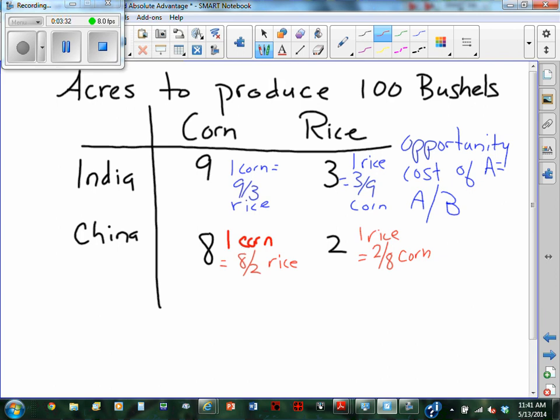It's China, because China uses 8 acres of land to produce their 100 bushels of corn, and India uses 9 acres of land to produce 100 bushels of corn. So China has the absolute advantage in corn.